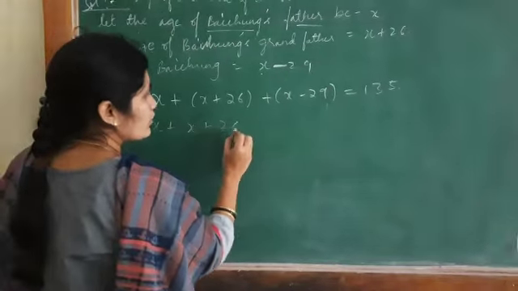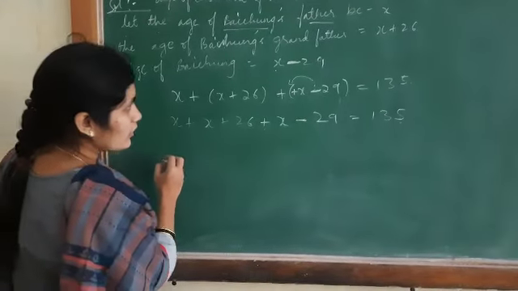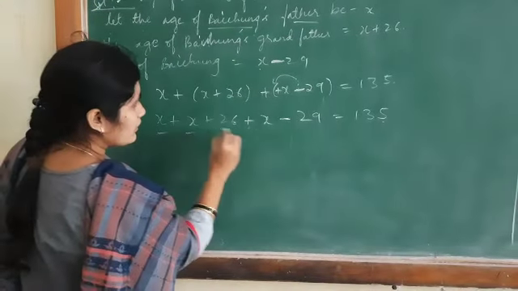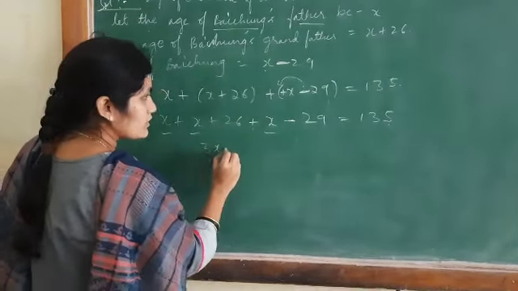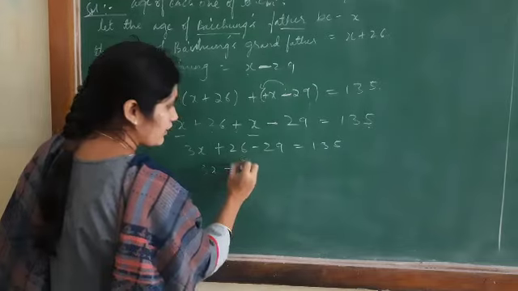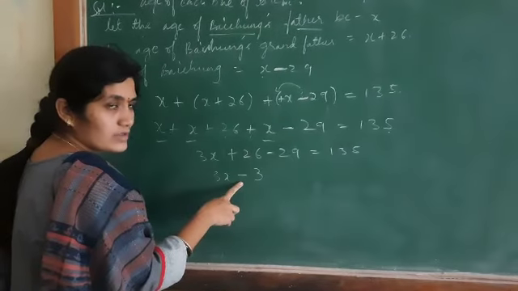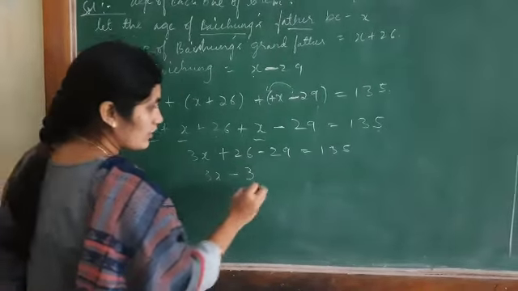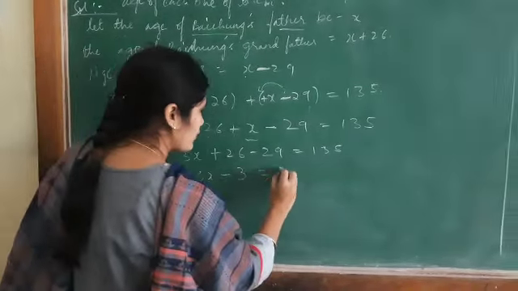Plus into plus is plus, minus into plus is minus. 29 is equal to 135. Now first let me add the like terms, that is 3x, 26 minus 29 gives you 135. 26 minus 29 is minus 3. Plus and minus operation is minus, the sign of the greater number.